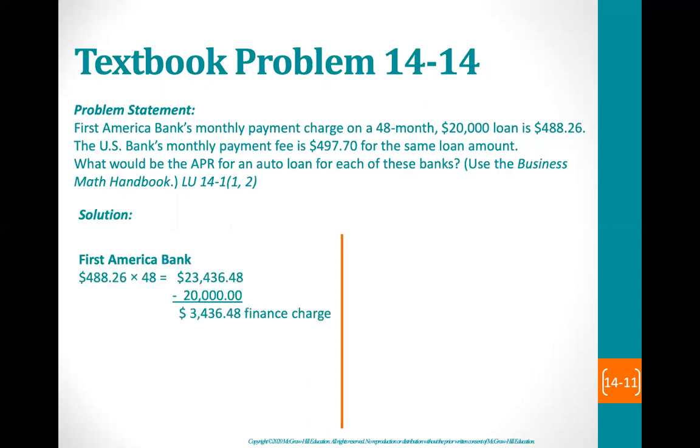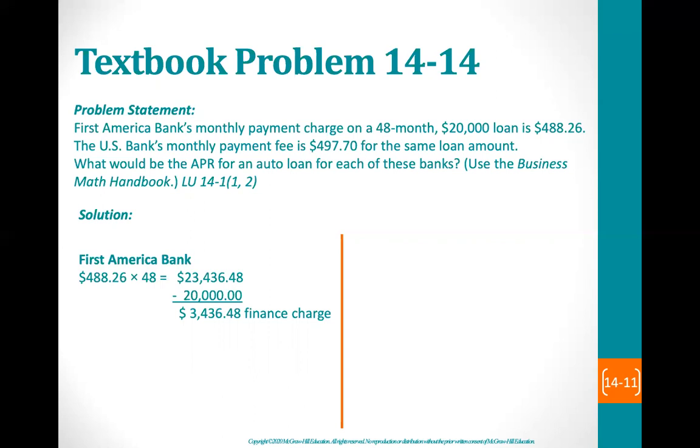For First America Bank, we have $488.26 as our monthly payment for 48 months. So our total payments would equal $23,436.48. Less our amount financed of $20,000 gives us a finance charge of $3,436.48.